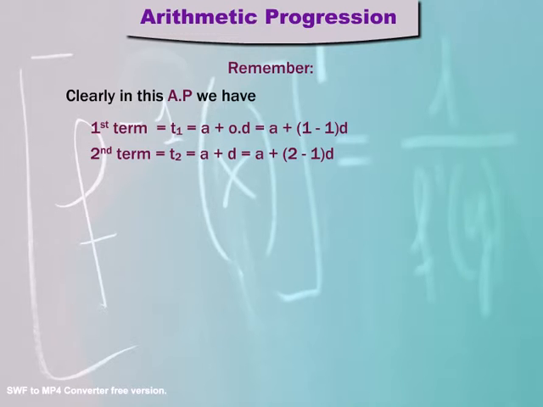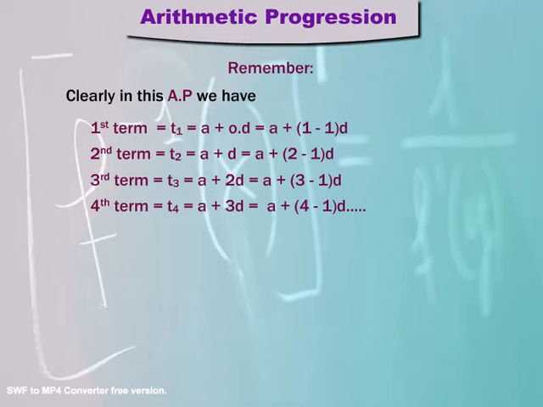The second term T2 equals a plus d equals a plus (2 minus 1) into d. The third term T3 equals a plus 2d equals a plus (3 minus 1) d. The fourth term T4 equals a plus 3d equals a plus (4 minus 1) d.